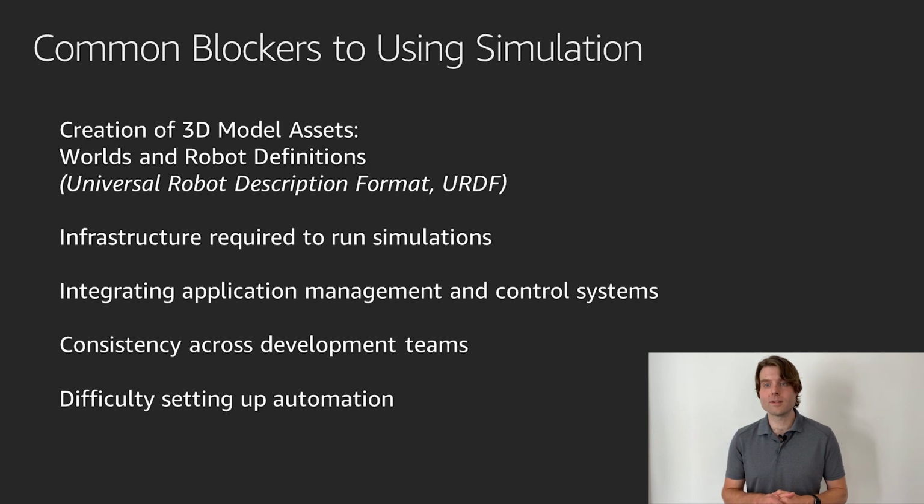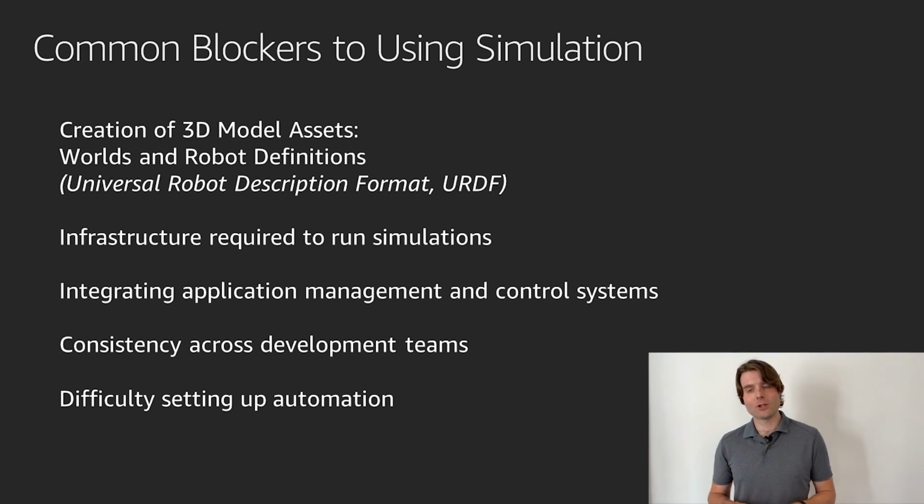Infrastructure required to run simulations is hard to configure and standardize across the team. Then scale when you need to run compute-intensive simulations or run many simulations concurrently. This is particularly challenging when your simulations must communicate with external applications and control systems, or if you have complex networking configurations. Finally, it's hard to get consistency across developers' local simulation environments and create an easy way to automate your simulation workflows.